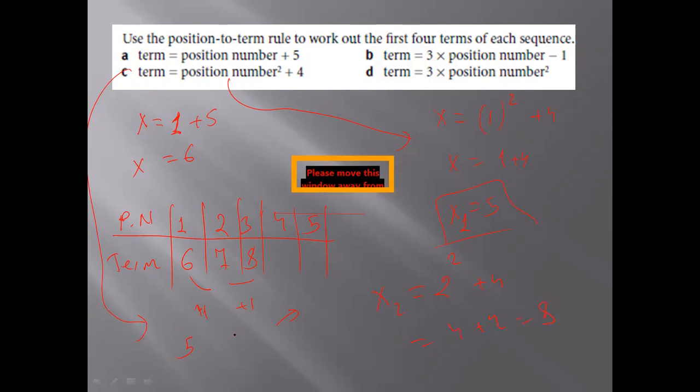The third term is 3 squared, 9 plus 4, is 13. And the fourth is 16 plus 4, which is 20.